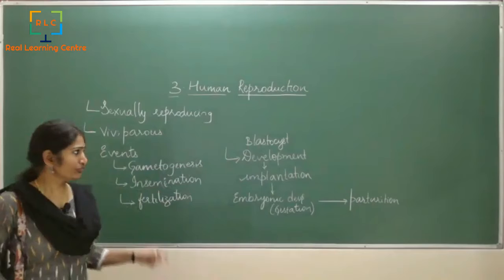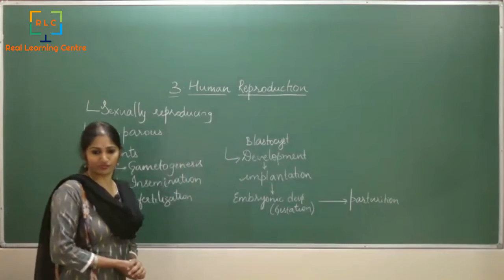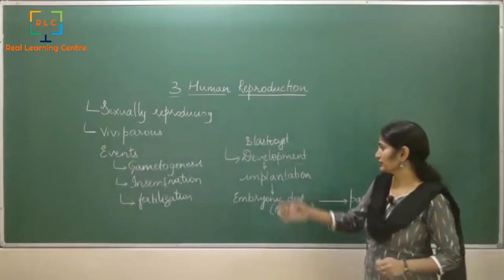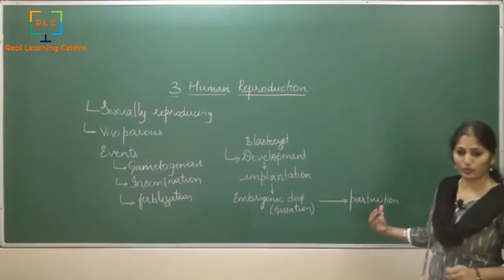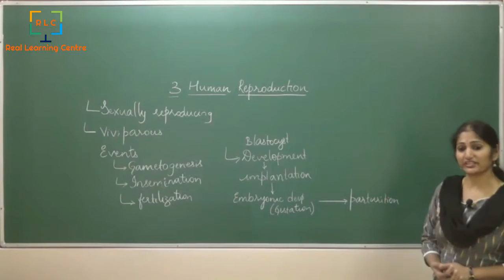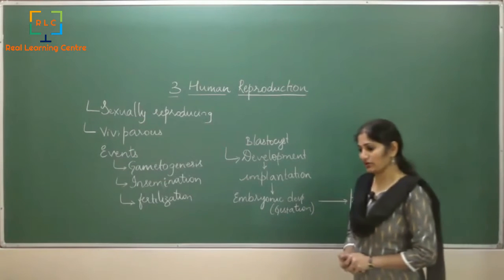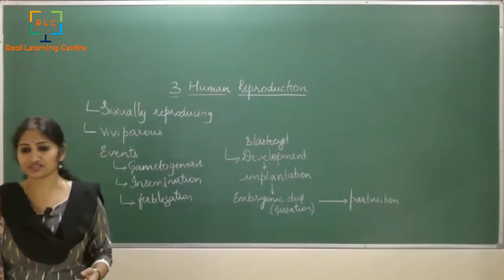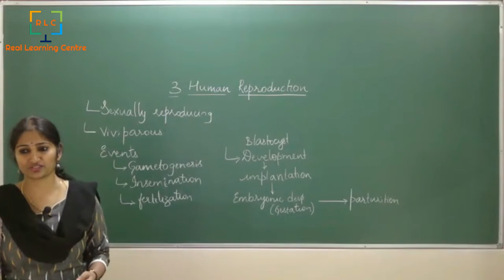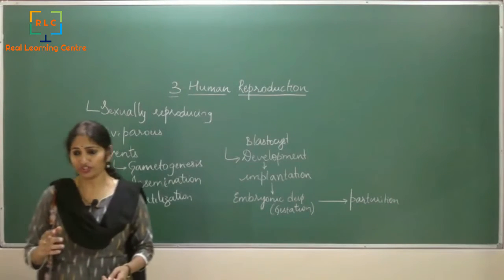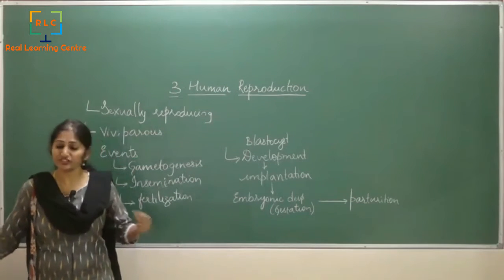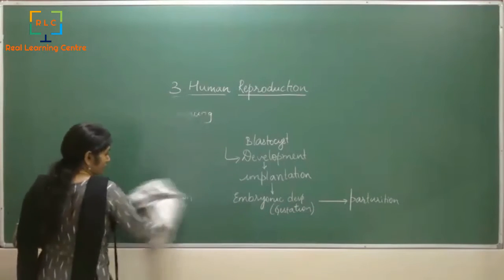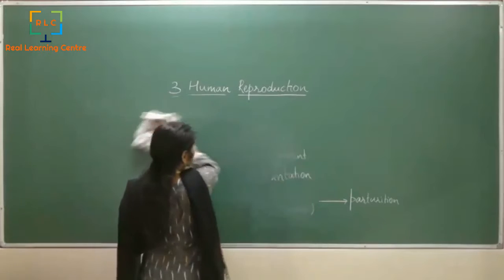Now though we have all these steps, okay, you see that the processes that are involved here in the formation of a young one is not very simple or very easy, okay? You see that there is a lot of differences between the male reproductive system and the female reproductive system, right? So we need to understand basically the structure of the reproductive systems of both the male and the female.